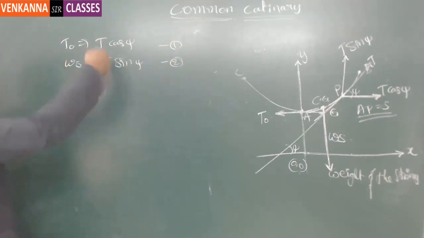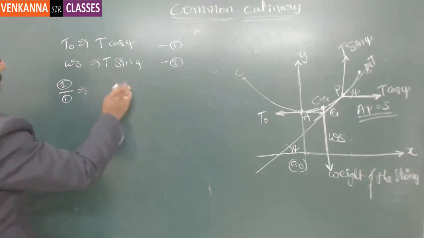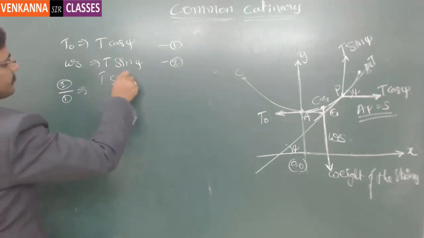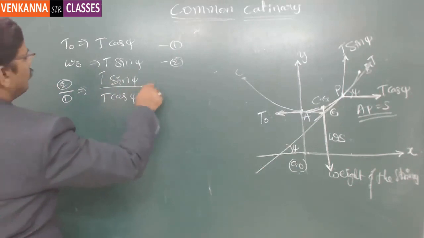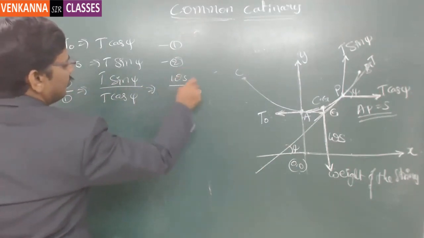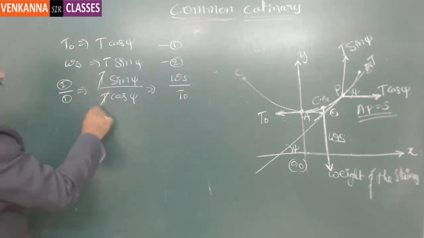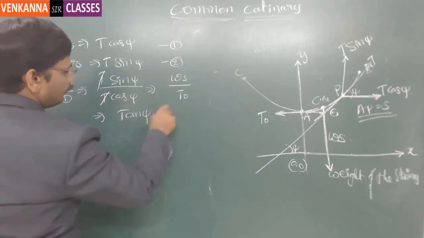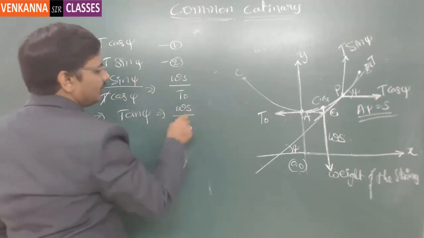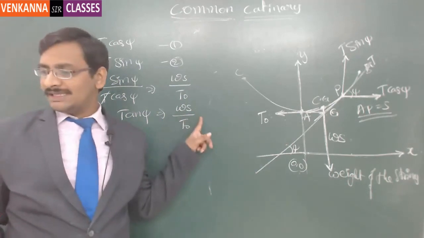Now if you take the ratio, equation 2 by equation 1, T sin psi divided by T cos psi is tan psi, equal to Ws divided by T naught. Now this T will cancel out, and tan psi is equal to W into S divided by T naught.